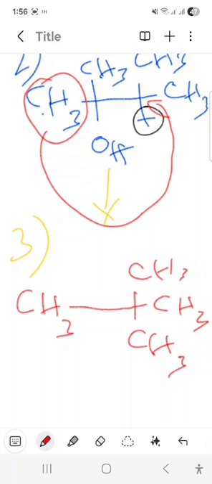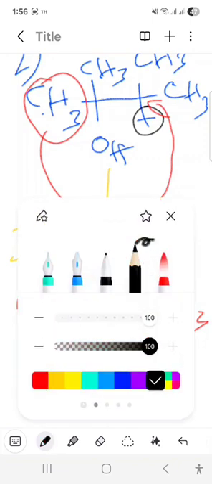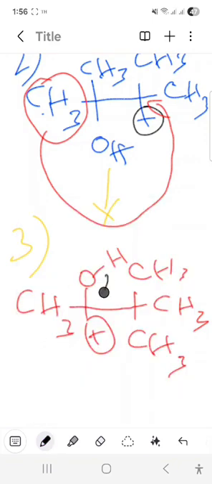Here we can observe the OH group is present, and the carbocation is formed like this. Here the OH bond forms like this, and this OH bond converts like this. The bond shifts towards this side and hydrogen is removed, and the final product is here.